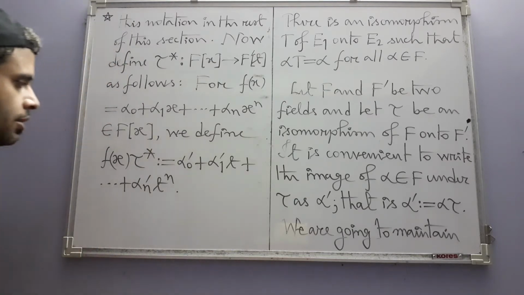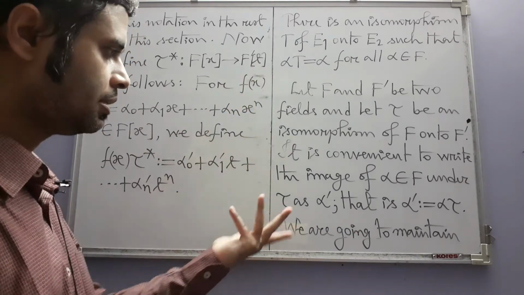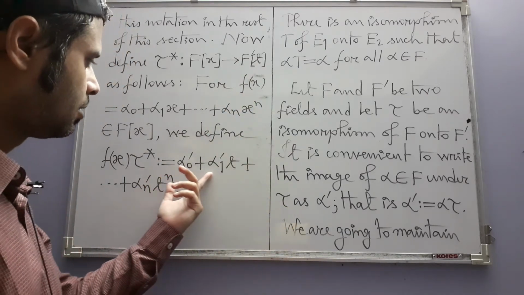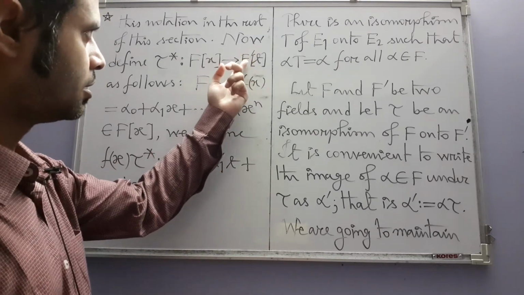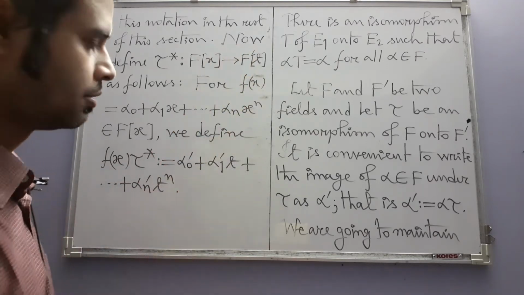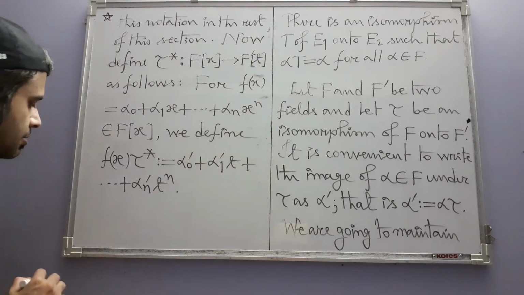So are we having that? The fact that this image is in F prime[t] is understandable because these alpha i primes are in fact all of them in this field F prime. Okay. Now what about uniqueness? Do we really have uniqueness?